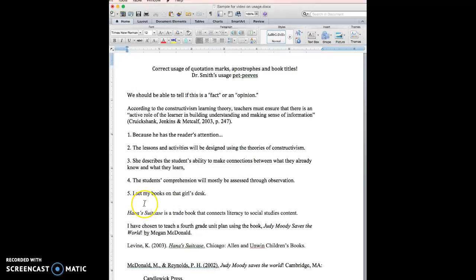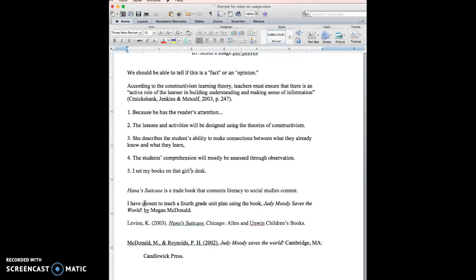Okay, the third area is book titles. And what I'm going to show you here is done correctly, and I'm going to explain why. So we have the book title, Hannah's Suitcase, is a trade book that connects literacy to social studies content.